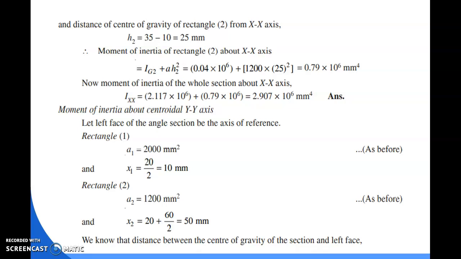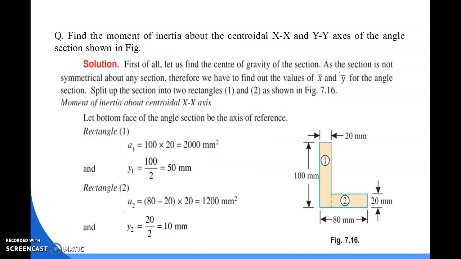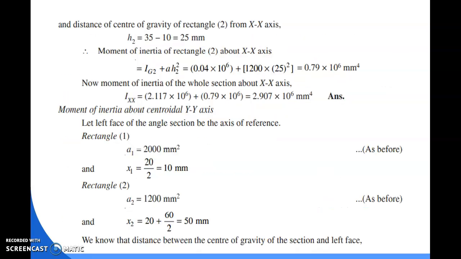Now the value of h for section 2 is the difference between y bar and y2, so the h2 value is equal to 25. So by putting the parallel axis theorem, Ig plus A h square for section 2 is equal to 0.79 into 10 to the power 6 mm to the power 4.